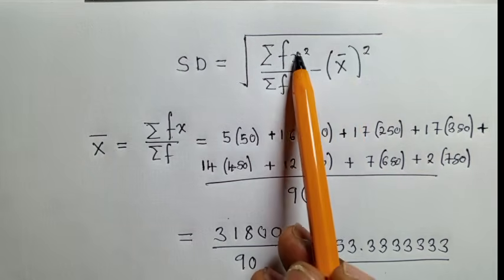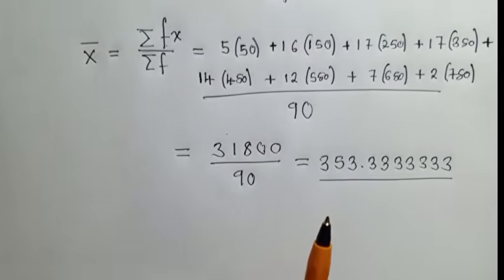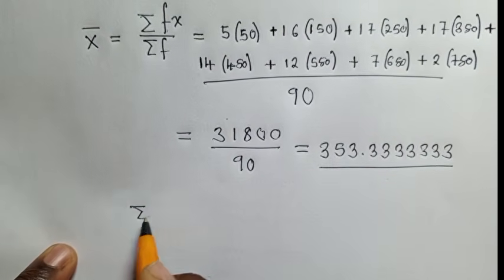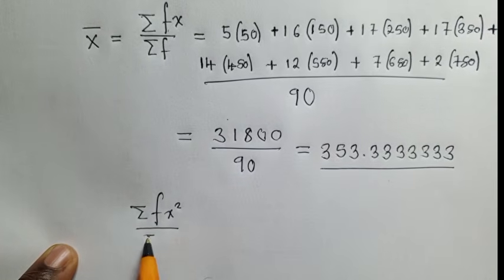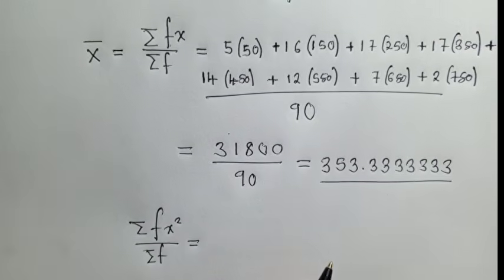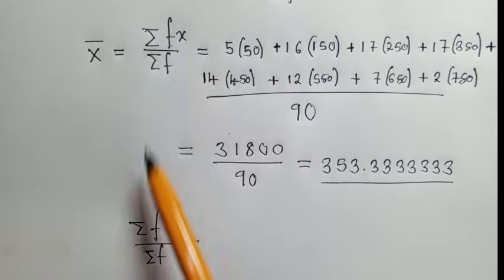So next, we find what we are supposed to substitute here. So this, we have summation of f x power 2 over summation of f. So if you're able to see nicely, the mean and this just look the same.